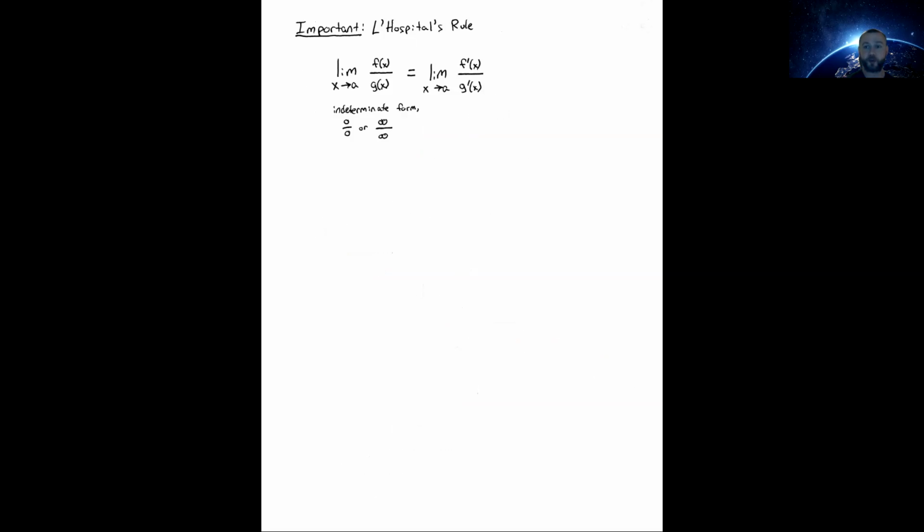And what L'Hopital's Rule allows you to do, provided you have an indeterminate form, is evaluate the same limit, but for f prime of x divided by g prime of x. Hopefully you remember to be careful to not apply the quotient rule here. L'Hopital's Rule is just the derivative of the numerator divided by the derivative of the denominator for the function you're evaluating the limit of.